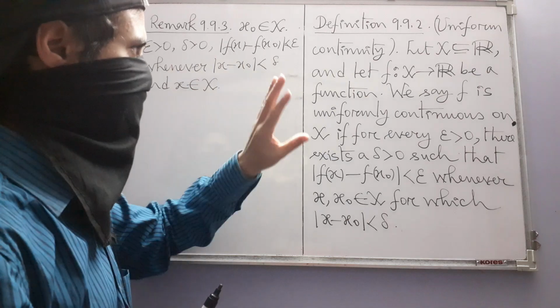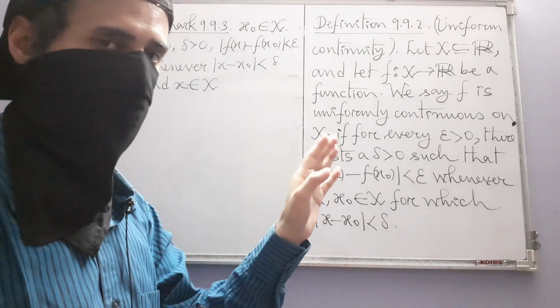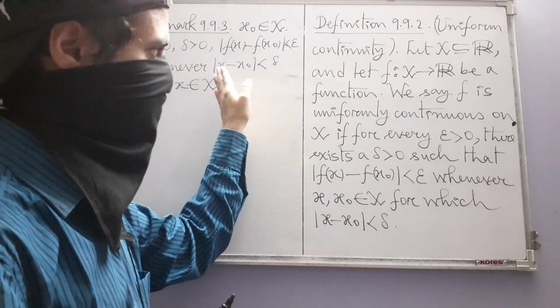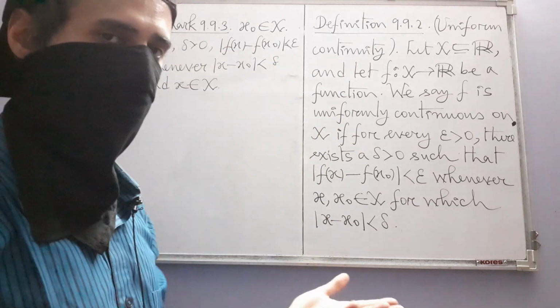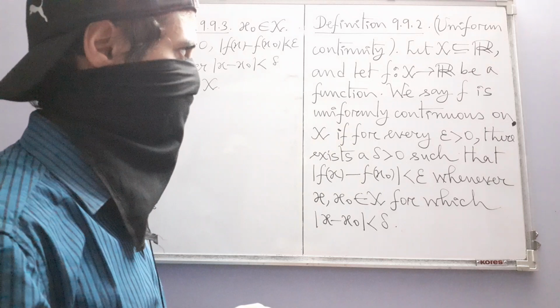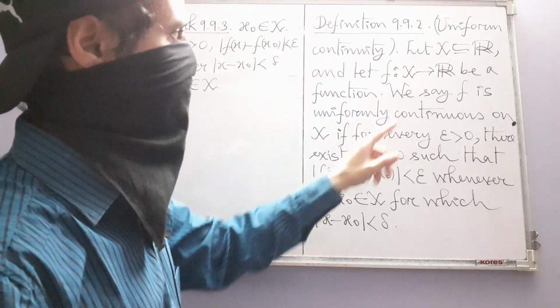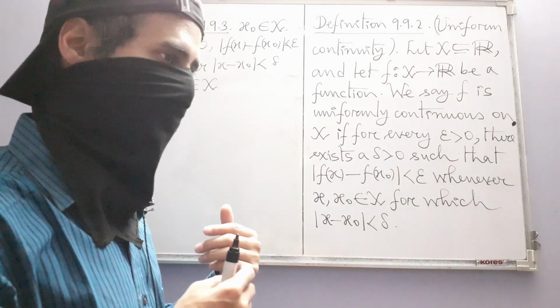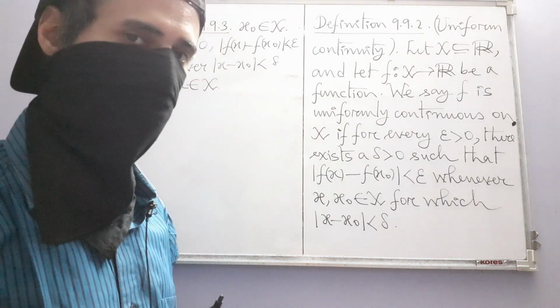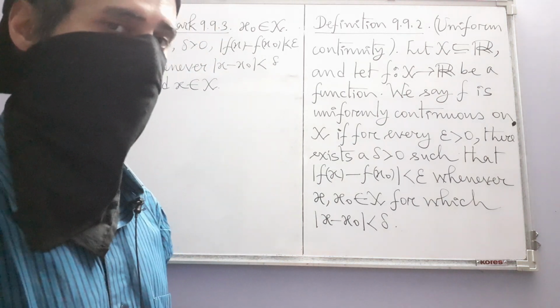Then you don't have this distinction between the two, where one is at a point whereas the other is on a domain. Say now you have f uniformly continuous on X and another function that is continuous on X. Then what is the difference?